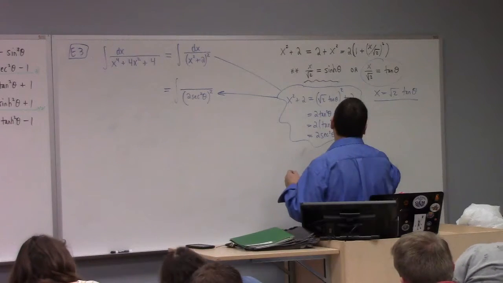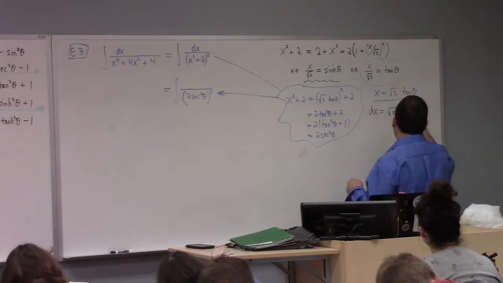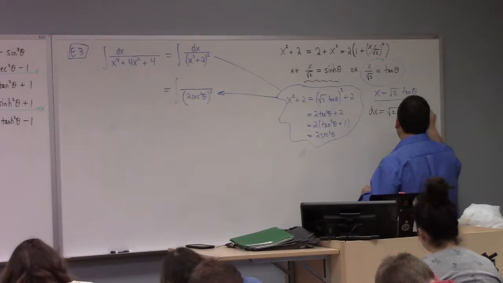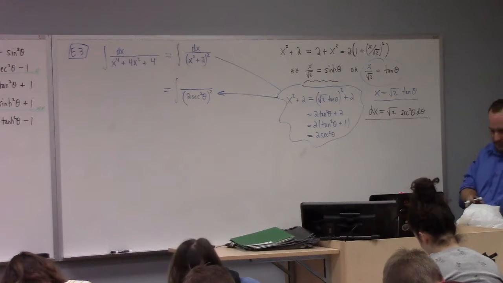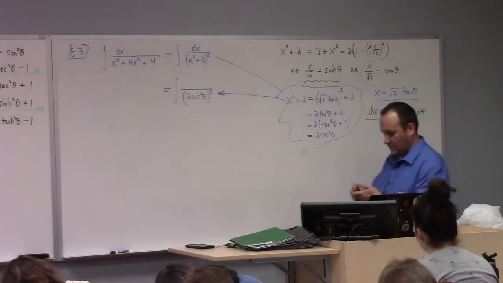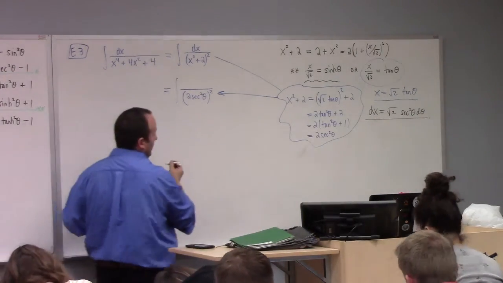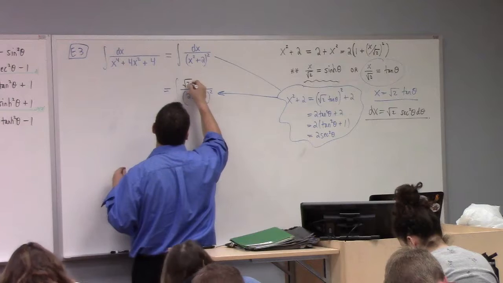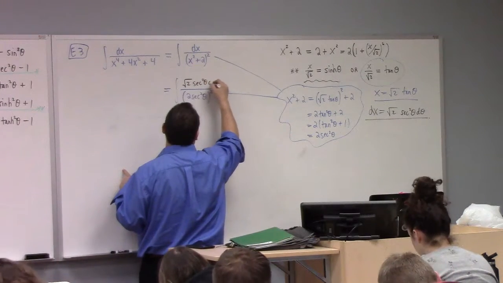Over here, dx is equal to square root of 2 secant squared theta d theta, right? The derivative of tangent is secant squared. All right, this looks promising. We've got square root of 2 secant squared theta d theta.